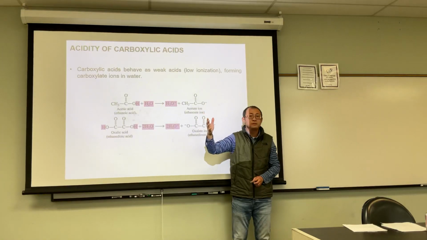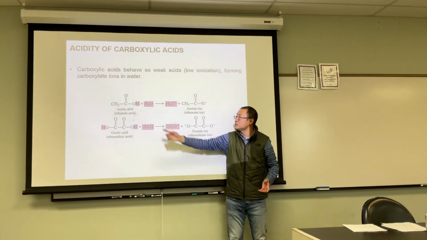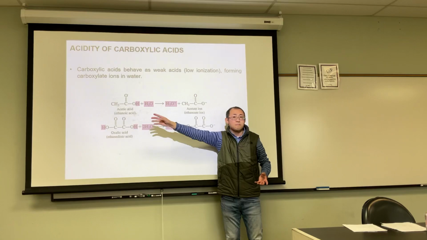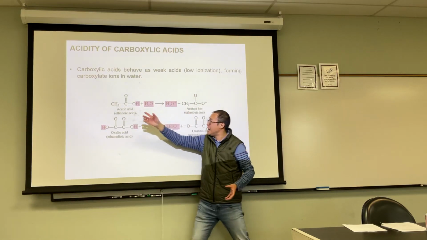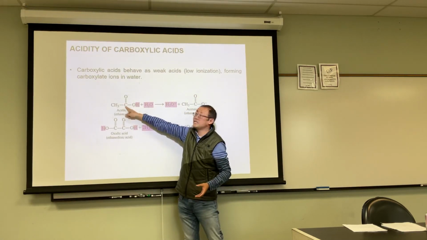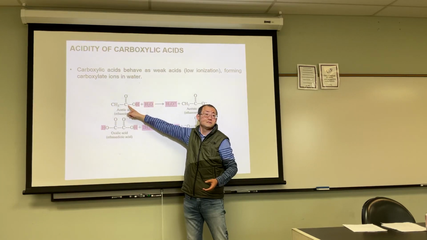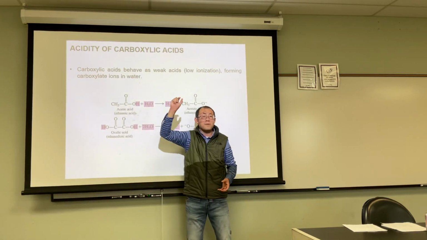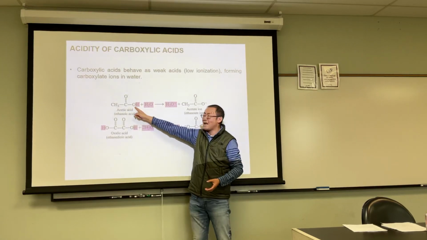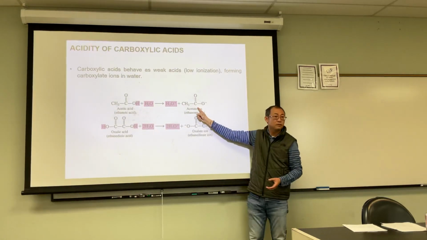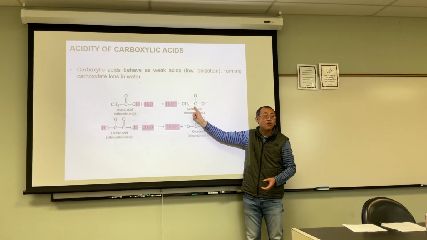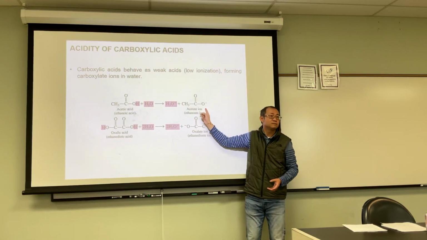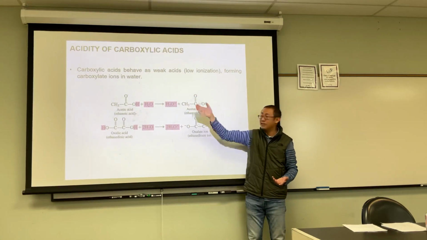In other words, if you have a bottle of vinegar, for example, this is vinegar acid. Most of the acetic acid remains this guy, intact. Only a small percent of the vinegar acetic acid becomes what? Becomes COO minus. If it becomes COO minus, that means what? Hydrogen is off.